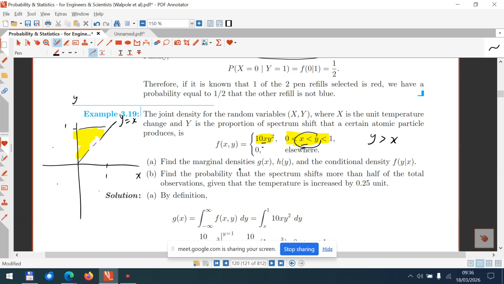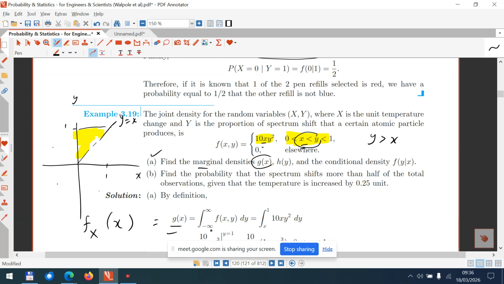So if you want the marginal density, as in the first part, g of x, to make sure you know what you are doing, you should replace g of x with f of x, because it is for the random variable x.